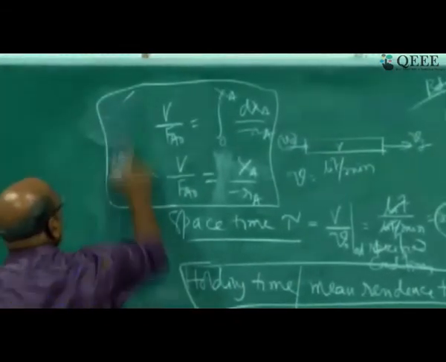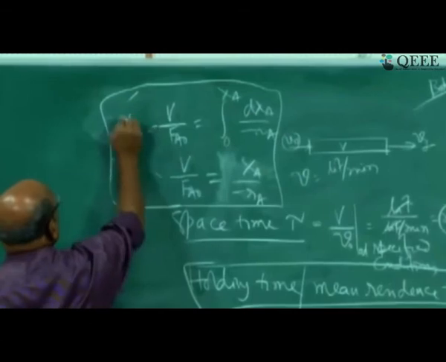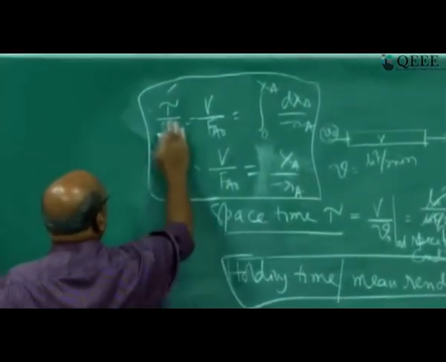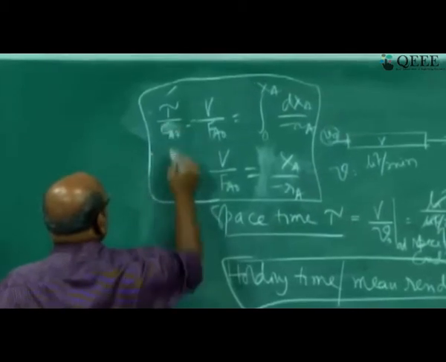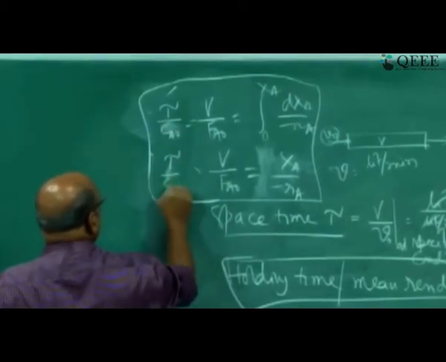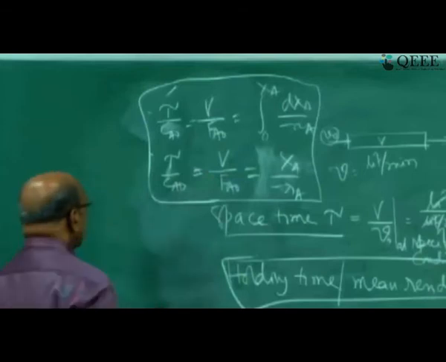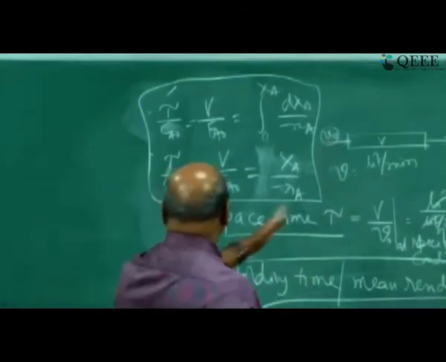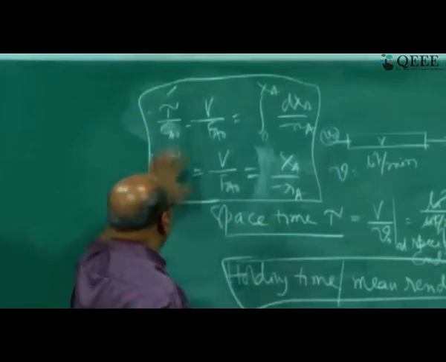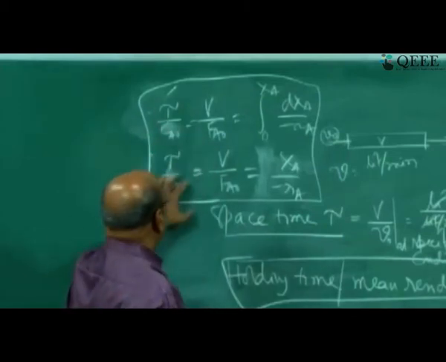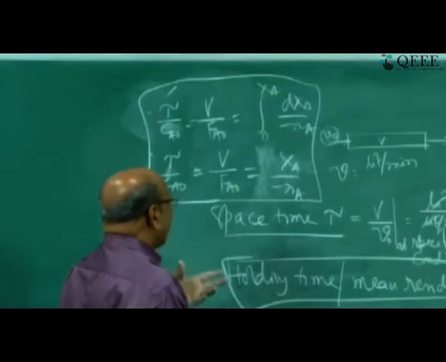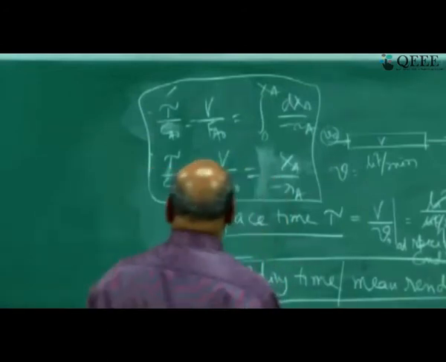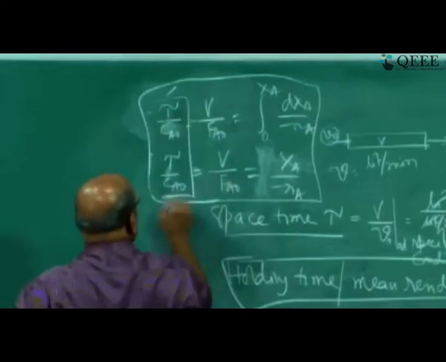So for MFR and all that, this is tau by CA naught, this is also tau by CA naught. So just to have some kind of similarity with the batch reactor, unnecessarily we are bringing this complication with us, but I don't require space time for the design of the reactor. So that's why I always put a question mark here.